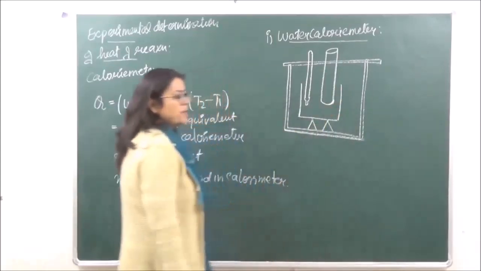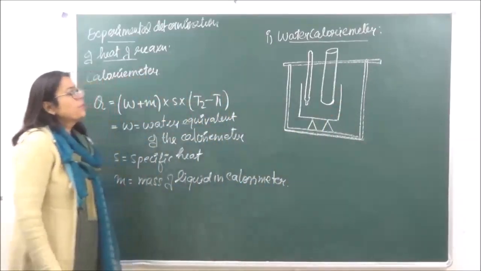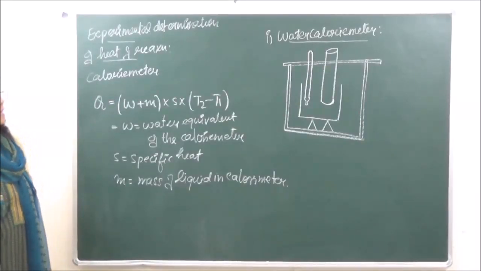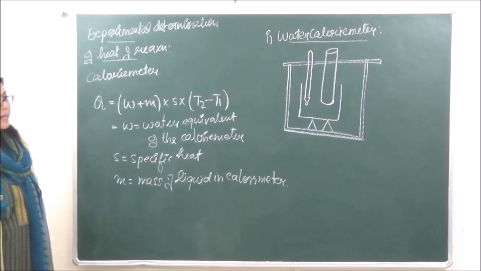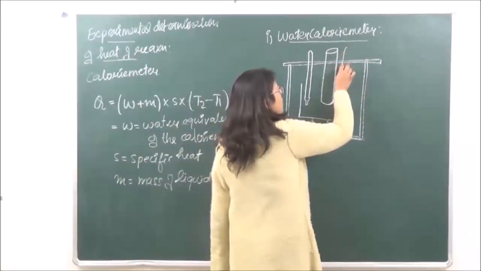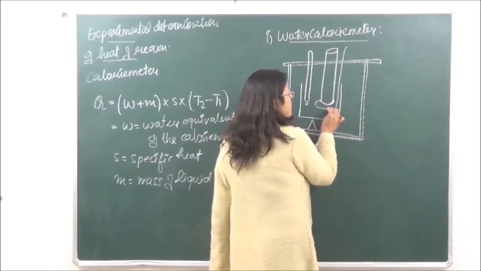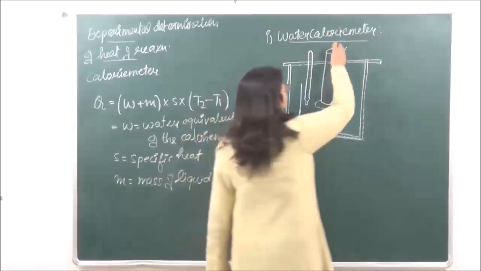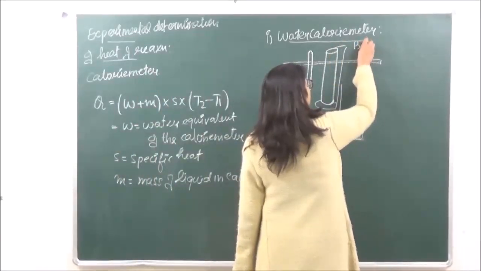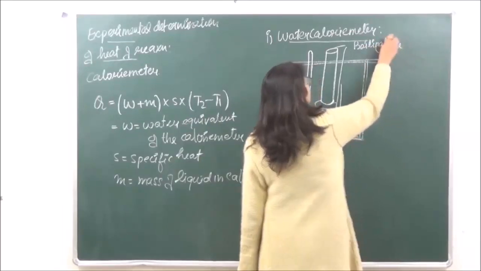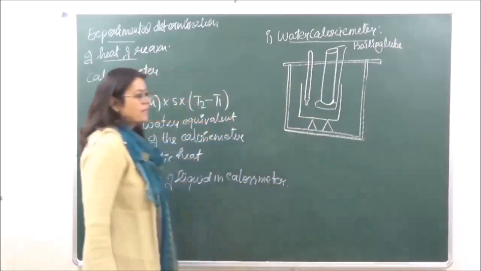This is the test tube in which the sample whose heat we have to calculate is put. This is also known as the boiling tube. Okay? And then we are going to put a stirrer in order to finely stir the liquid. So this is the boiling tube over here which we have taken, right?